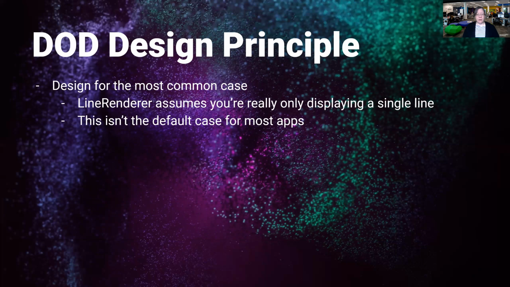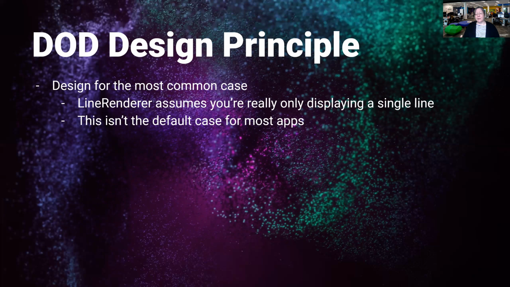So we get to another data-oriented design principle, which is to design for the most common case. And for L systems, the common case is not a single line. Line renderer assumes, because it creates an object for every line, that you're really only displaying one or a couple of lines. If you're displaying a couple of lines, like a line in the center of the screen that's marking off 2 parts of a territory, it's just fine.